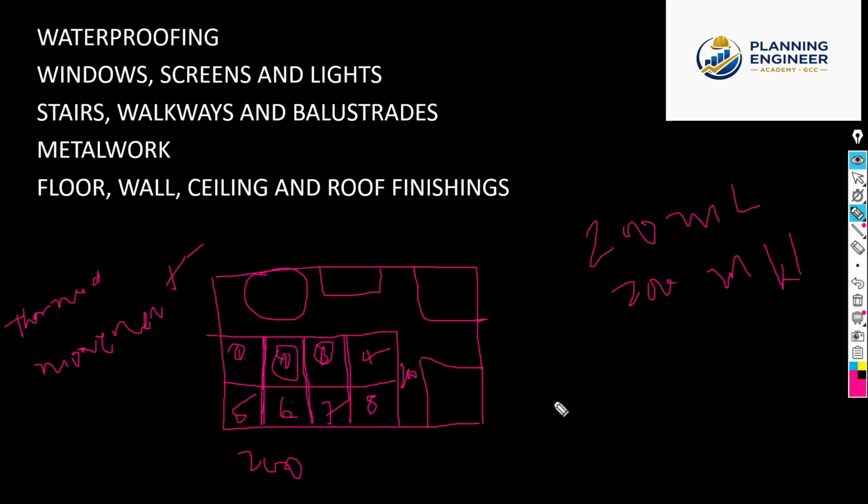And what is the standard for providing the expansion joint? The IS code in India, IS 456:2000. Okay, this is the IS code. This IS code says that at 45 meter we give the expansion joint.